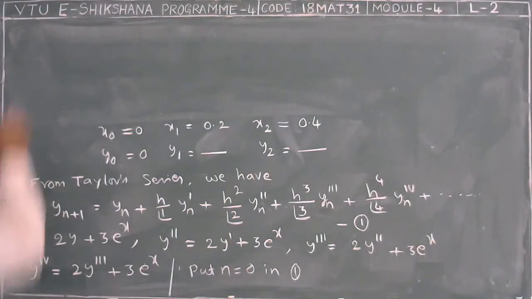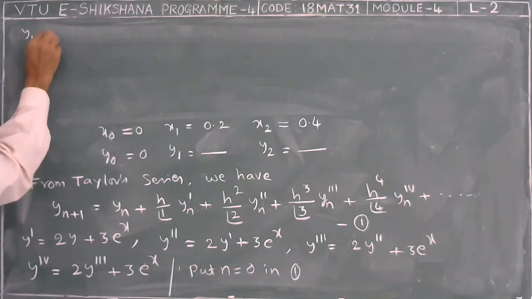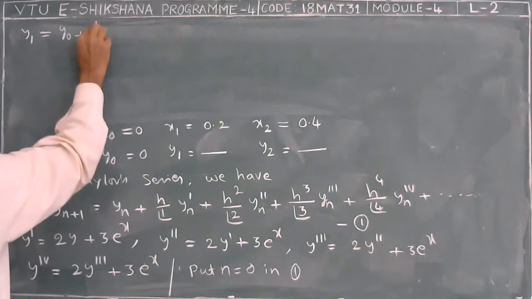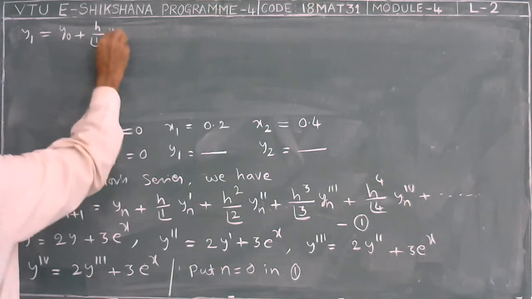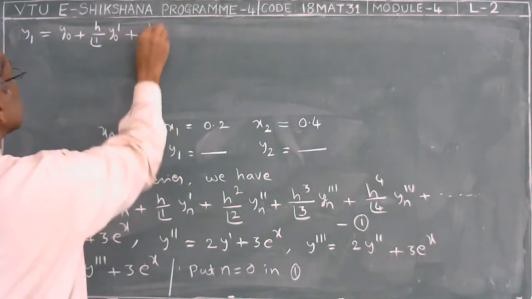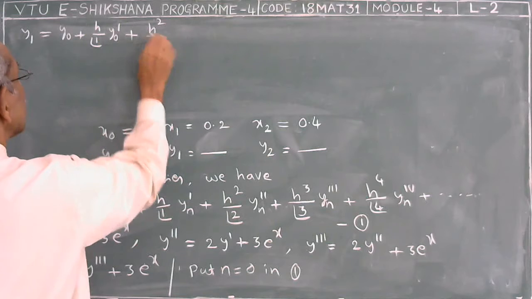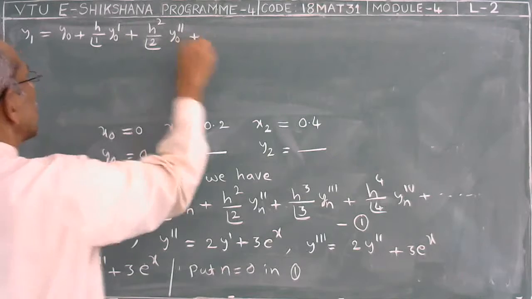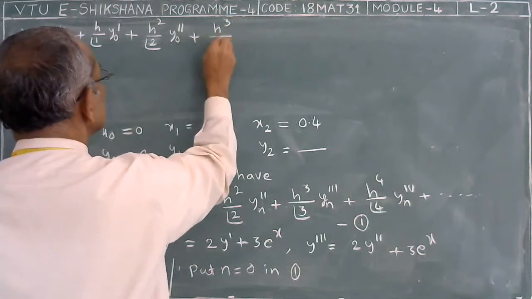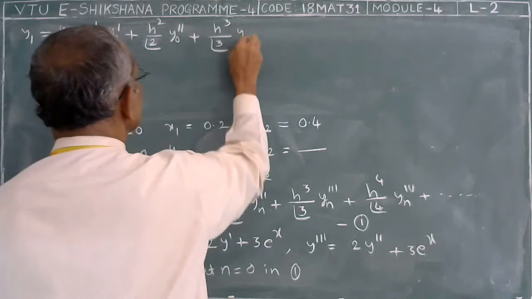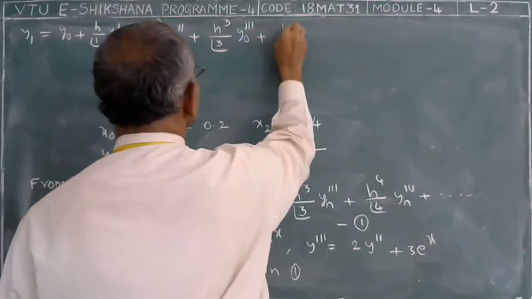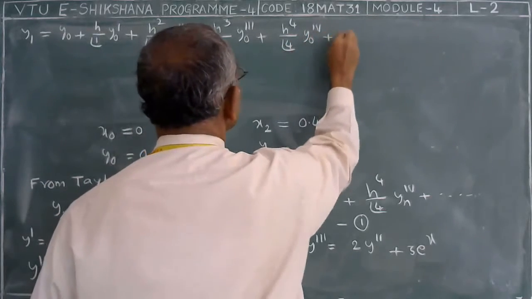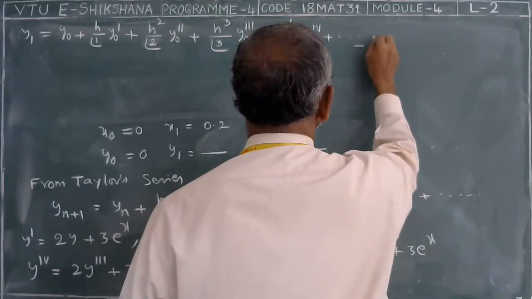Then y1 will be y0 plus h divided by factorial 1 y0 dash plus h square divided by factorial 2 y naught double dash plus h cube divided by factorial 3 y naught triple dash plus h power 4 by factorial 4 y naught 4, etc. Call this equation number 2.